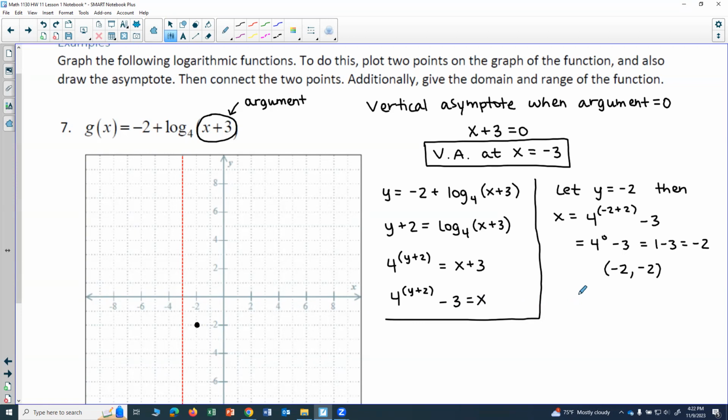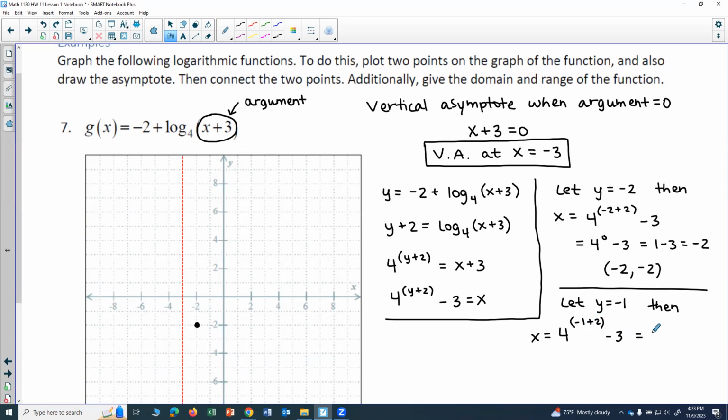And then for a second point, let me pick a y value that will make my exponent equal 1. So let y equal -1. I'm picking the -1 because -1 plus 2 gives me an exponent of 1. So I get x equals 4 to the (-1 plus 2) minus 3. -1 plus 2 is just a 1.